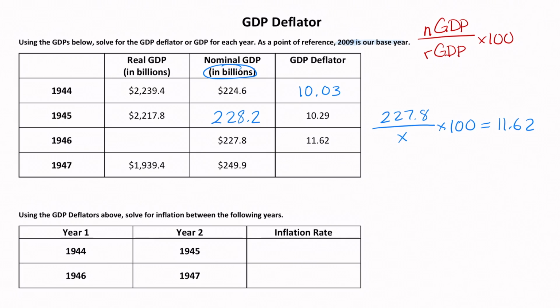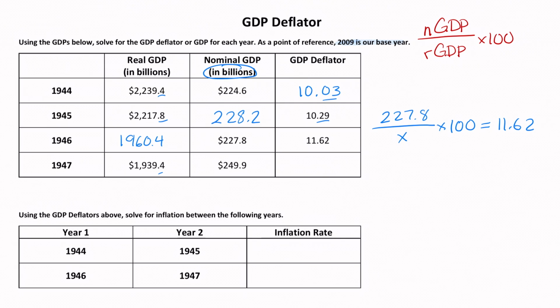We end up with a real GDP of 1,960.4. Now, if you guys notice, I only went to one decimal here. I typically say round to two decimals, but really, I'd encourage you just follow my example, whatever I'm doing. If I'm rounding to one decimal, round to one. If it's rounding to two, round to two.